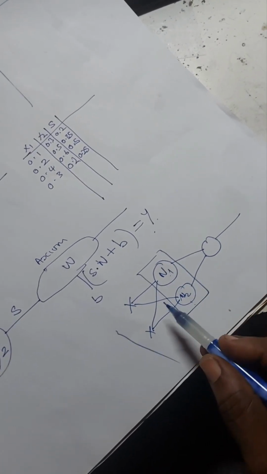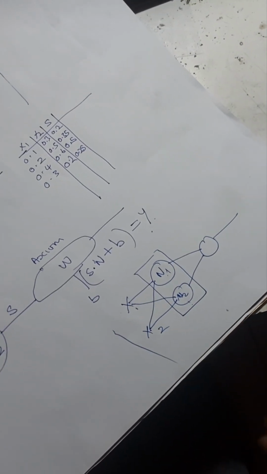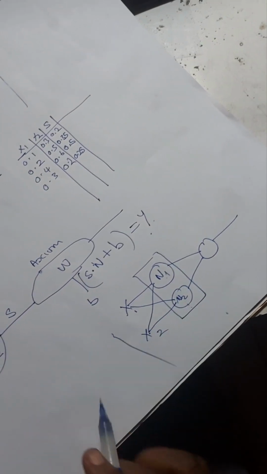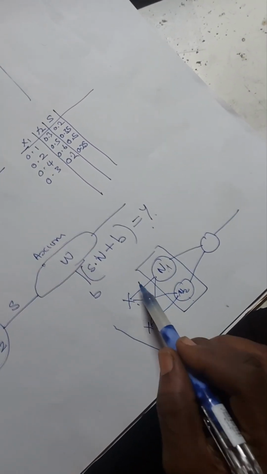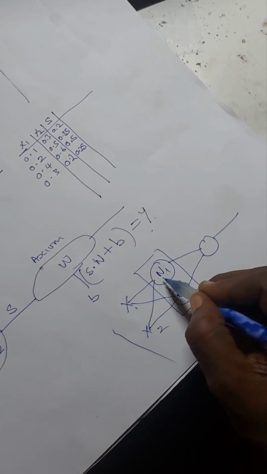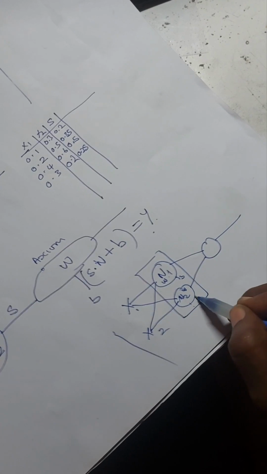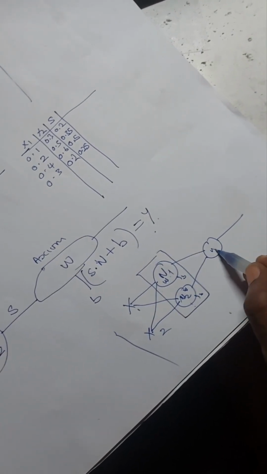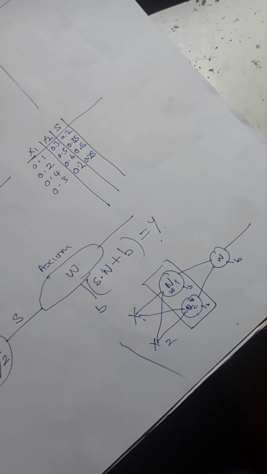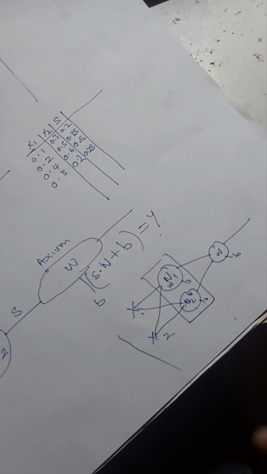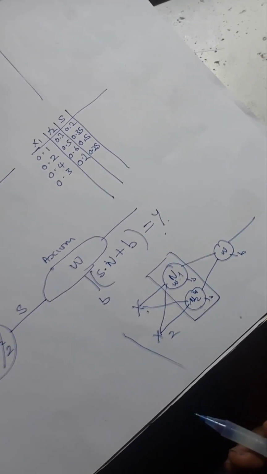Each of them has inputs x1 and x2, both connected, but we are no longer having weights on the inputs. Each neuron has its own weight and bias within it. The output neuron also has its own weight and bias, but no longer has a weight per input. So what does that mean?